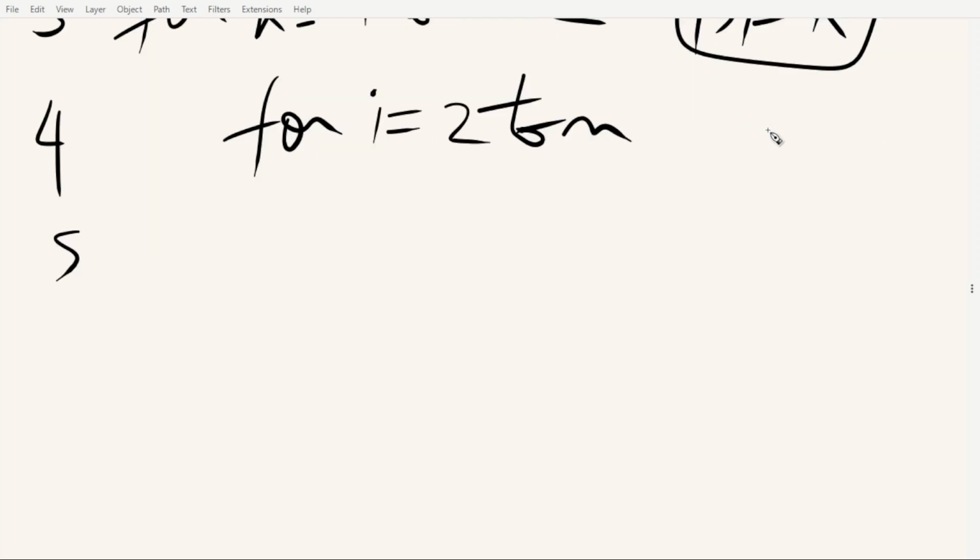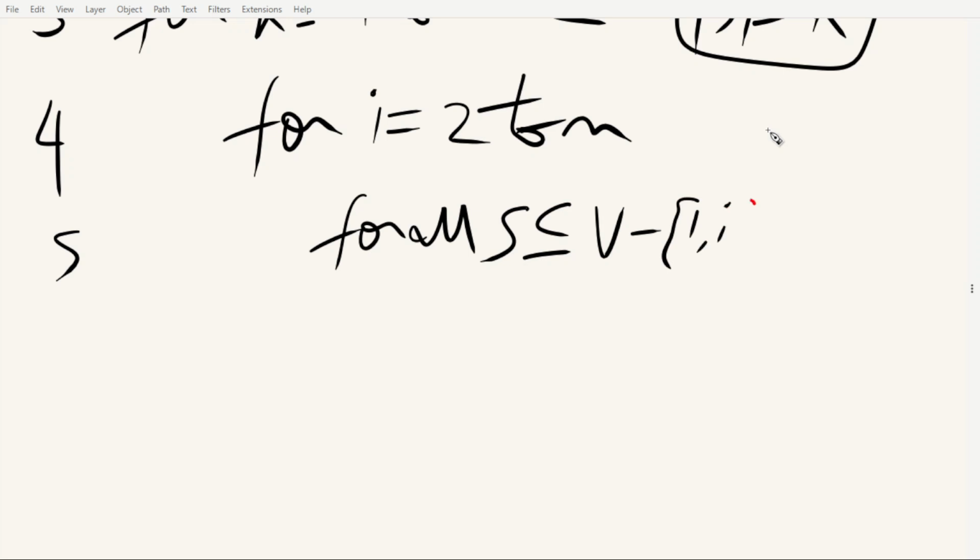So we have a for all loop: for all subsets S which are subsets of V minus 1 and I. We exclude 1 and I because 1 is our final destination, I is our start, and the intermediate cities are in S. So S has size k.